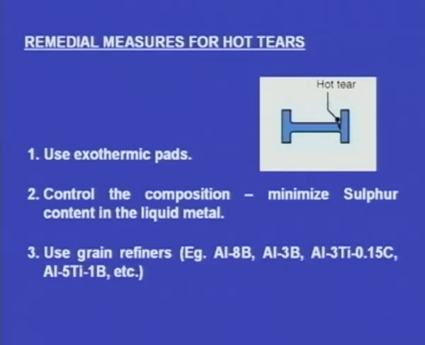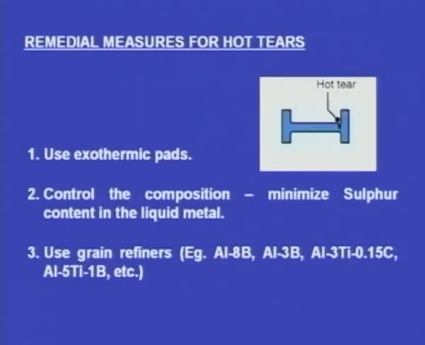These grain refiners we will be mixing into the molten metal before solidification, maybe about 1%. The specialty of these grain refiners is that they won't affect the composition, but yet they refine the structure, they refine the grains. When we refine the grains, the tendency of hot tearing will come down.